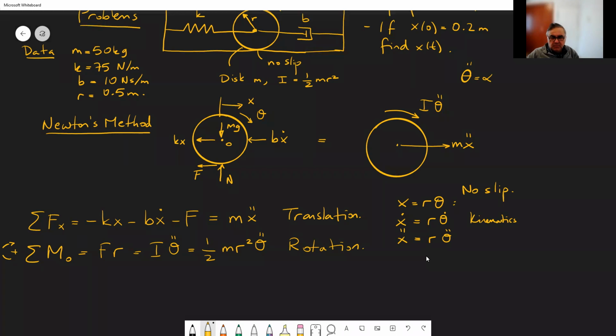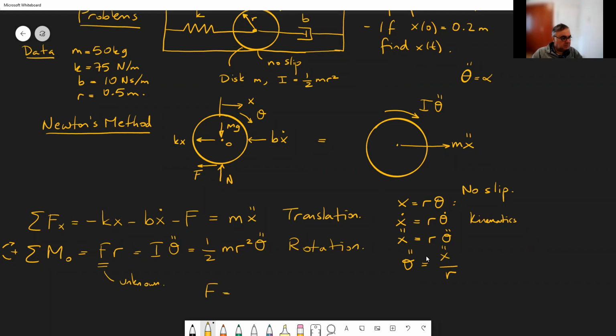From here, we can eliminate theta or theta double dot. Theta double dot is going to be x double dot over R, for example. Now, one thing we don't know is F. F is unknown, so we want to eliminate this.